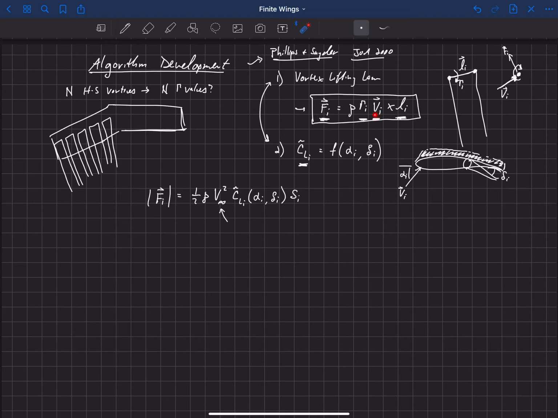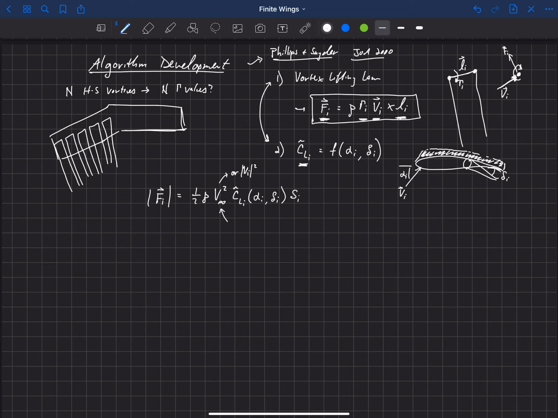Okay, so we're using V sub I here in the vortex lifting law, and I think to redimensionalize this lift coefficient, we should be using the local velocity V sub I, or the magnitude of that, squared. Now they use V infinity squared, and I'll just make a note here. This could be V infinity or V sub I, actually the magnitude squared. Either way, you'll get very similar results. But anyway, that's just something to note.